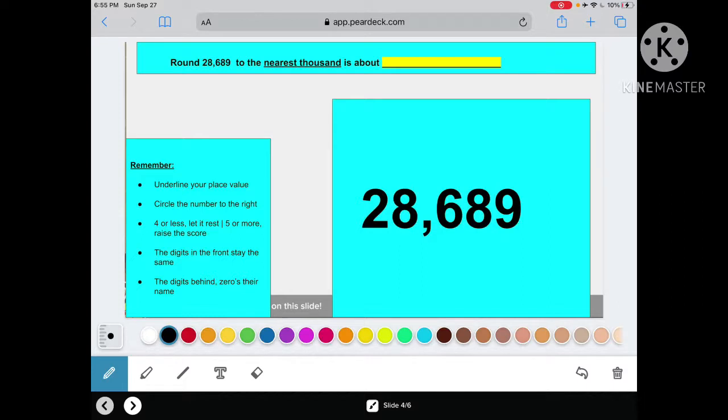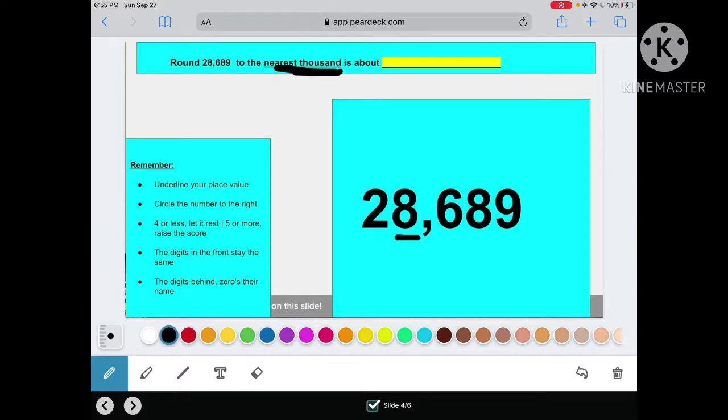So in this first problem, I'm rounding 28,689 to the nearest 1,000, you guys. So our first step says to underline your place value. If I'm rounding to the nearest 1,000, what number would I underline? Oh, you guys are good.